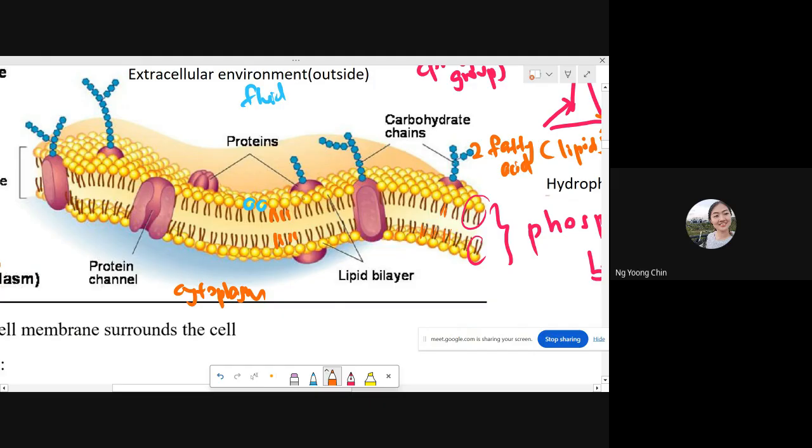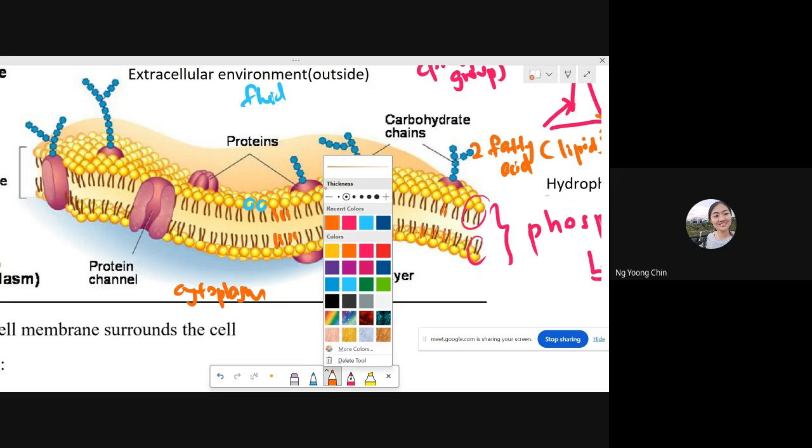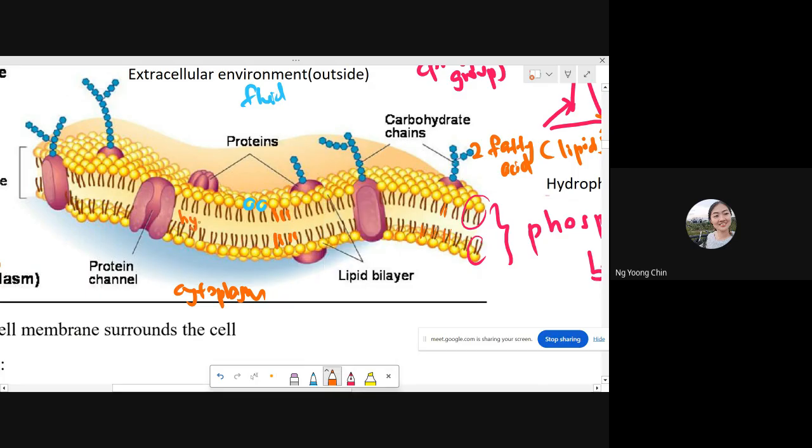Inside, between this layer, they are hydrophobic. Hydrophobic means they are lipid soluble, and they only allow lipid soluble molecules to stay in this layer.